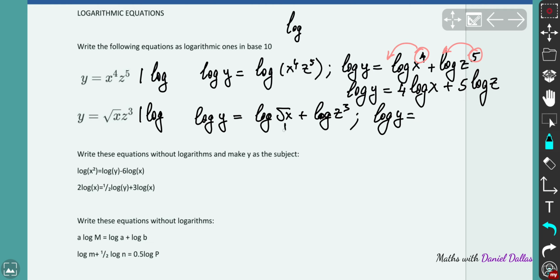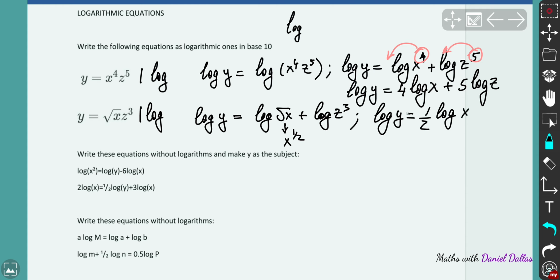You remember that the square root of x is the same as x to the power 1 over 2. In most cases it's easier to operate with powers instead of roots. Once you have your power x to the 1 over 2, you can apply the property, as in the previous example, and put 1 over 2 as the coefficient before log, so we have 1 over 2 log x.